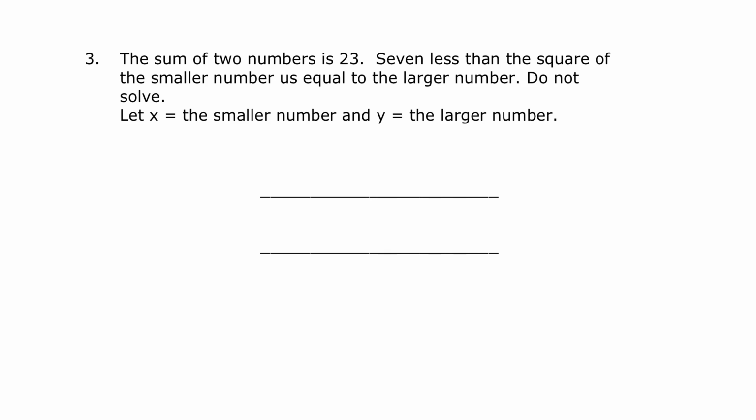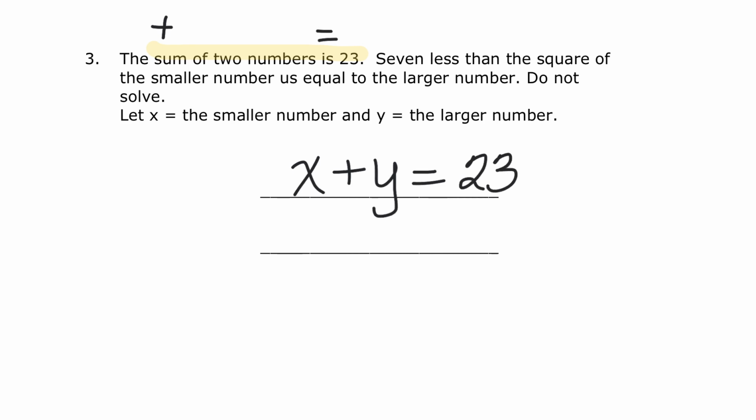The sum of two numbers is 23. Again, the word sum means to add, and the word is means equals. Since we don't know either of those numbers, we're going to represent them with x and y. So x plus y is equal to 23.